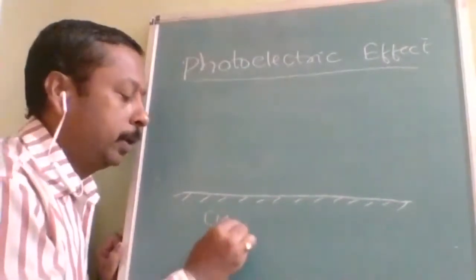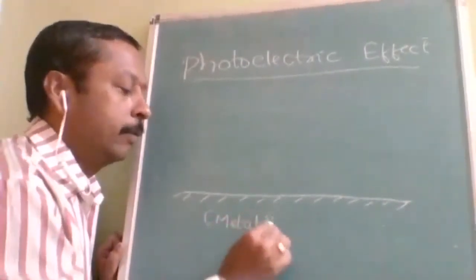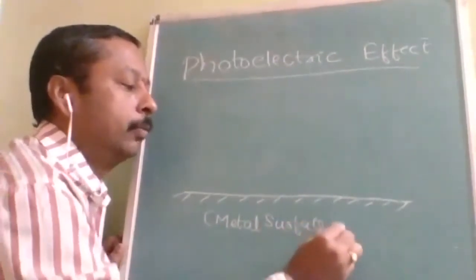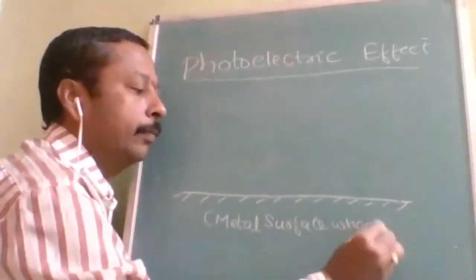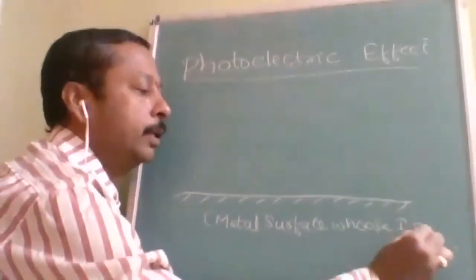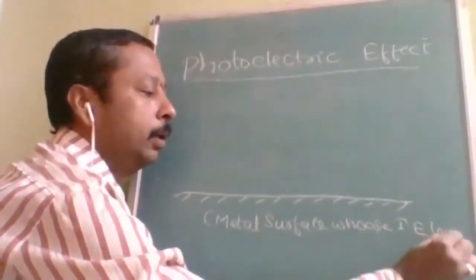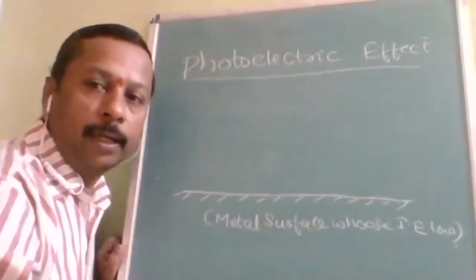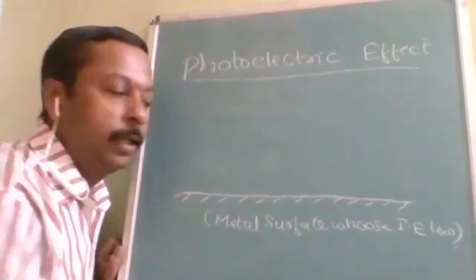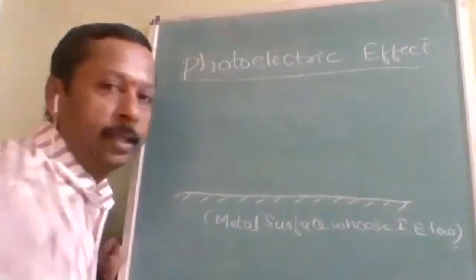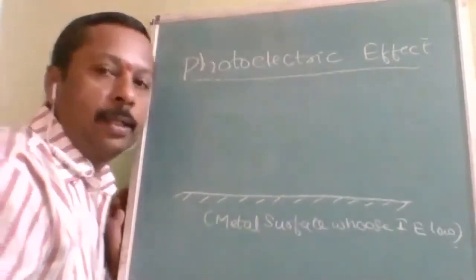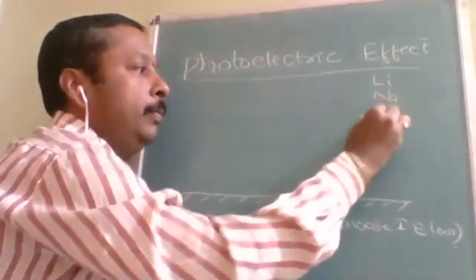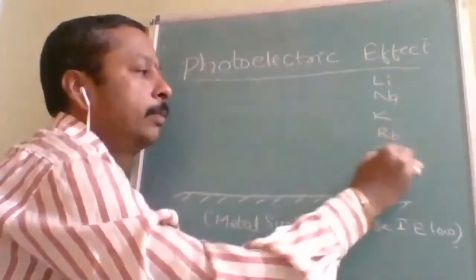Preferably, we will try to select a metal whose ionization energy is low. Let us take metals like lithium, sodium, potassium, rubidium, cesium.